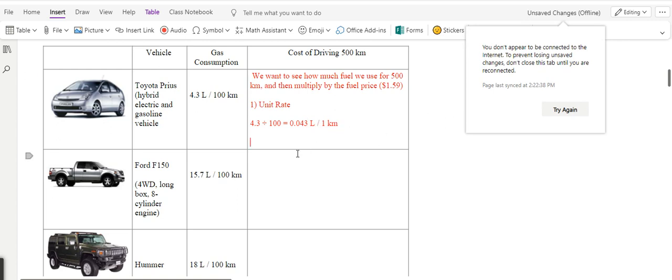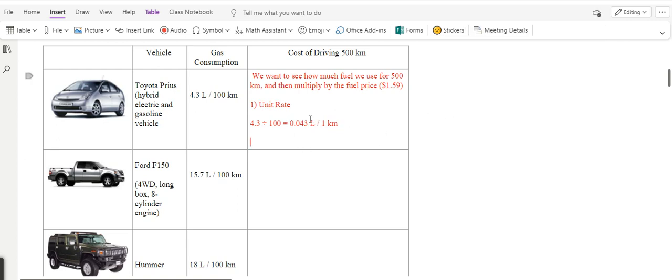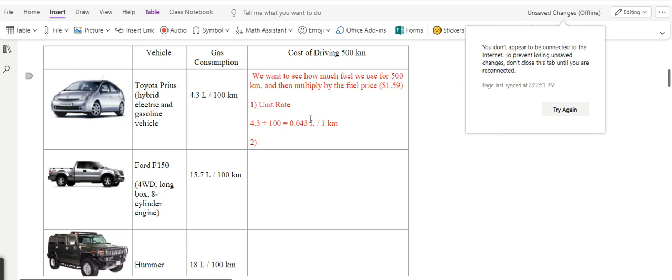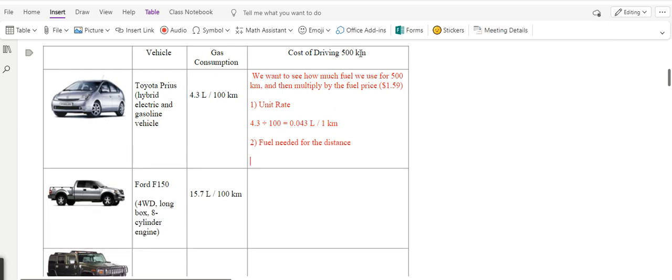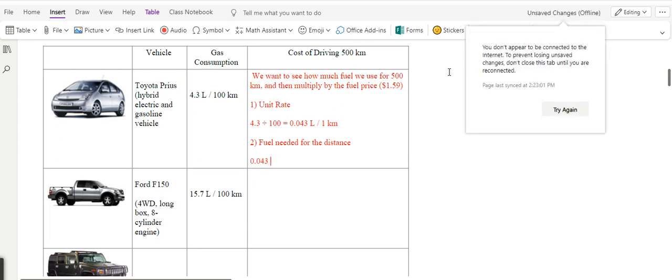And so the next thing we do now is we go get the fuel needed for the distance. In this case, we care about 500, right? So it's going to be 0.043 liters multiplied by 500.